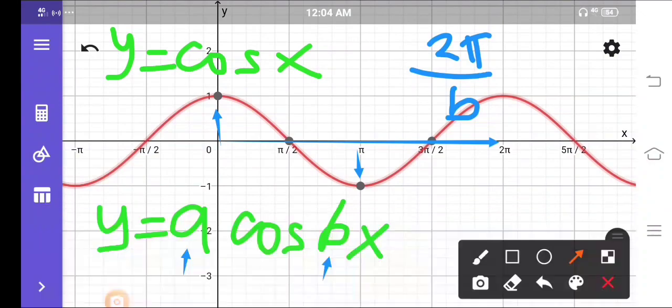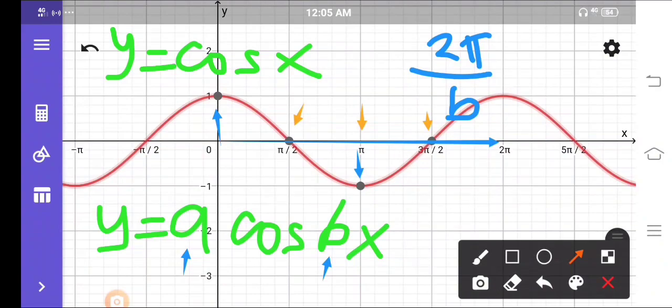So 90 degrees is pi over 2, plus 90 degrees is 180 degrees, or pi, plus 90 degrees is 270, or 3 pi over 2, plus 90 is 2 pi, or 360 degrees.